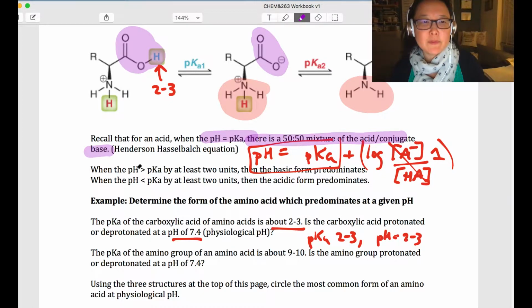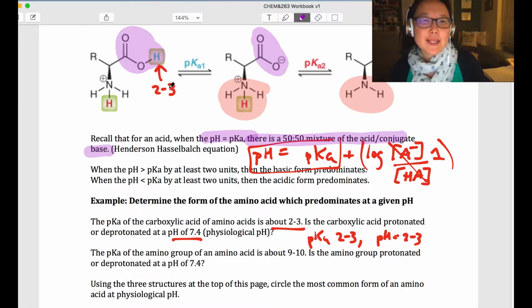So right here, when the pH is greater than the pKa, the basic form predominates. And usually we want to see a difference of at least 2 units, meaning at pH 2 to 3, it's going to be about 50-50. At pH 3 to 4, it's going to be maybe 10 times more, because remember, this is a logarithmic, log base 10 scale.